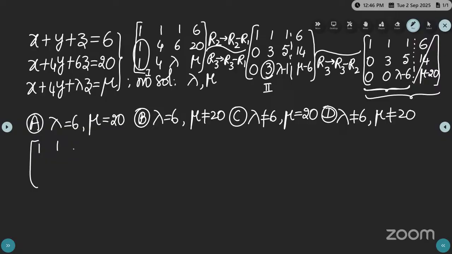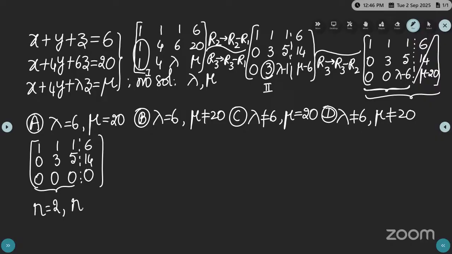1, 1, 1, 6; 0, 3, 5, 14; 0, 0, 0, 0. Rank of coefficient matrix is 2. Rank of augmented matrix is also 2.